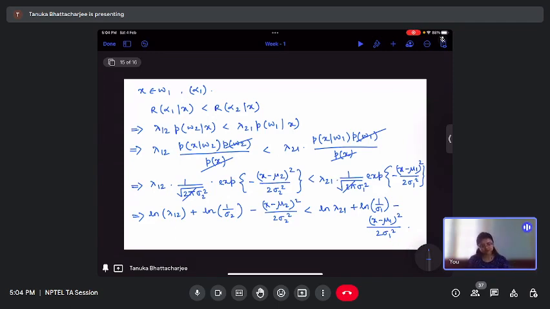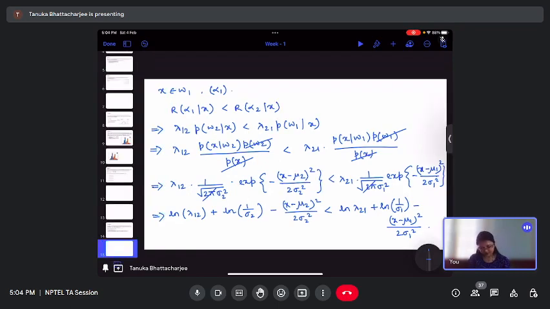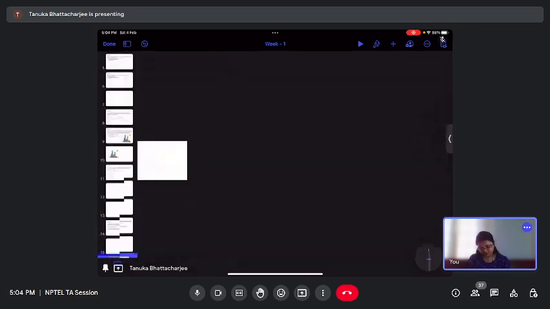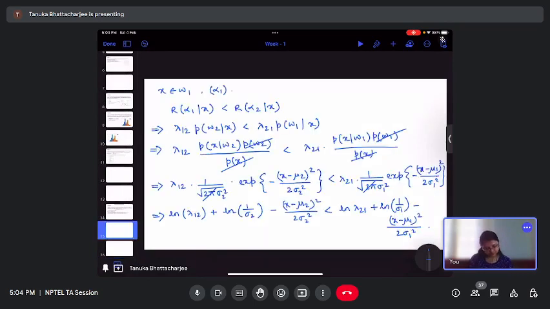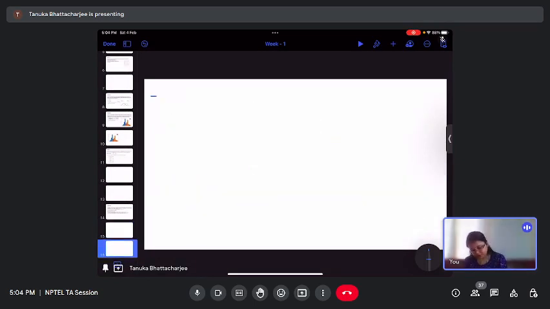You can simply take all the terms to one side and simplify it.